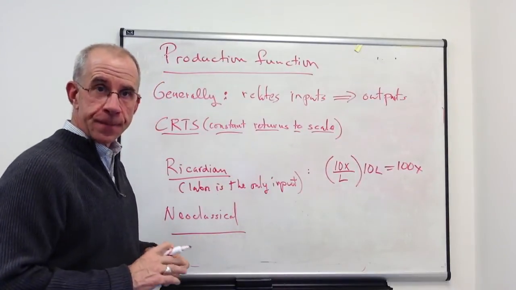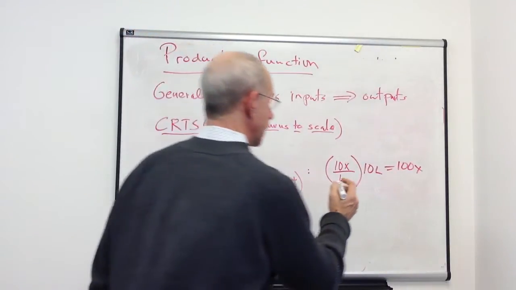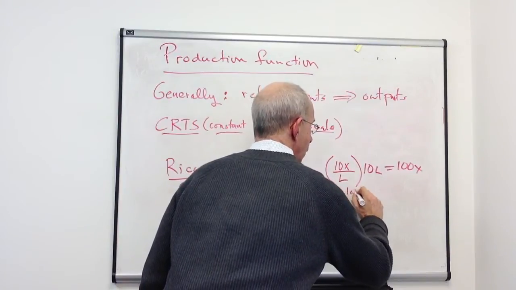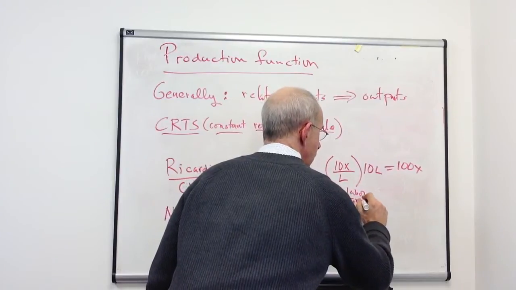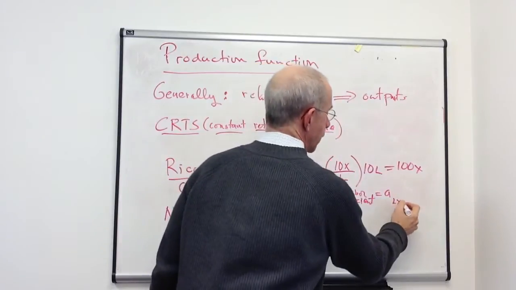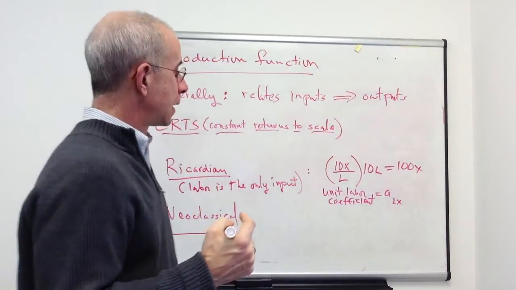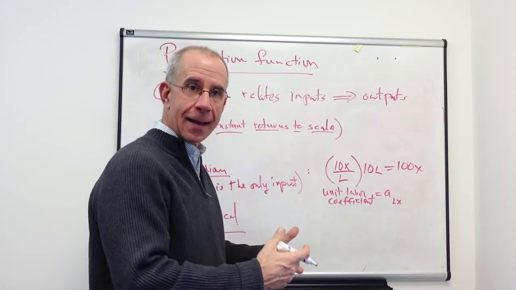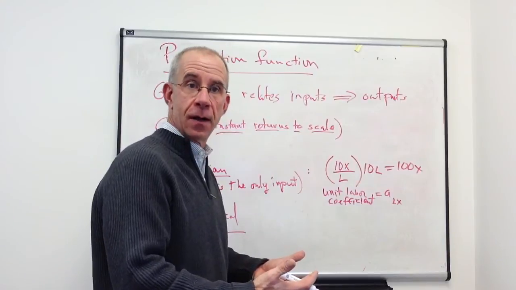So this is an example of a Ricardian production technology. Now, something that will be more relevant a little bit later in the course is a related concept of a unit labor coefficient, which we're going to call aLX, for example, which relates the number of workers it takes to produce 1 unit of the good.